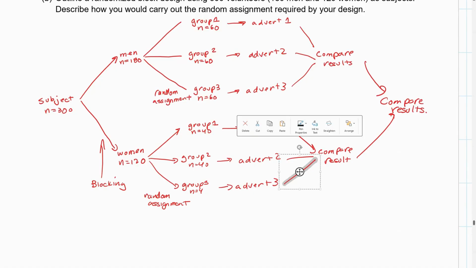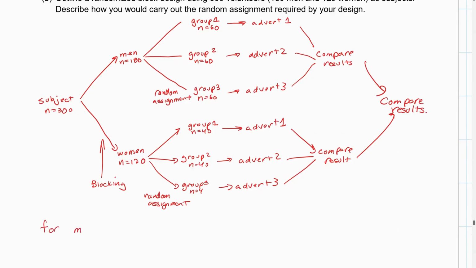Well, let's talk about doing the random assignment for the males. For the males, we have to break it into three groups. So I would probably put all names onto identical slips of paper.